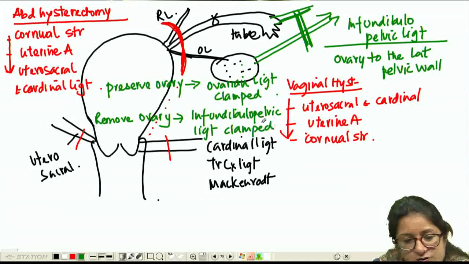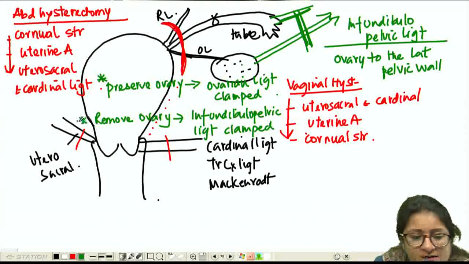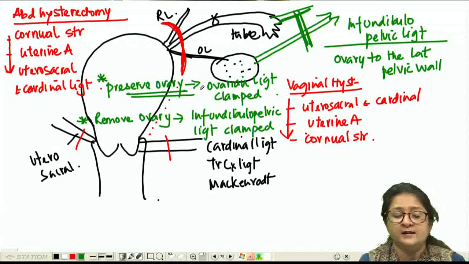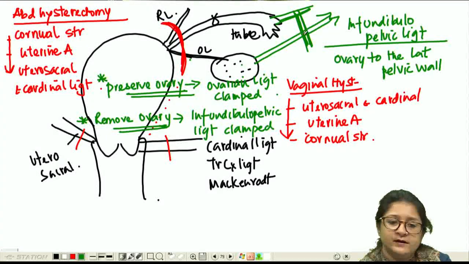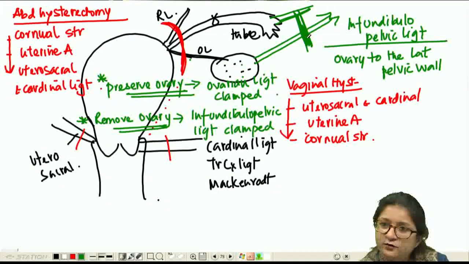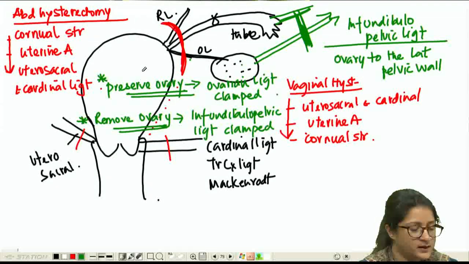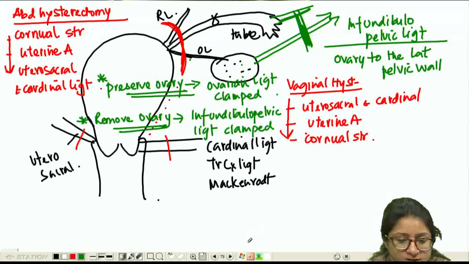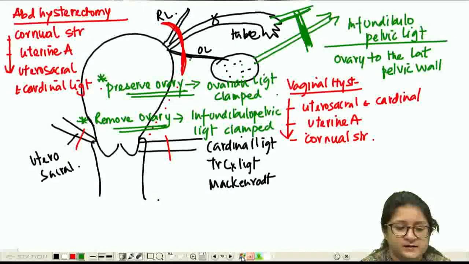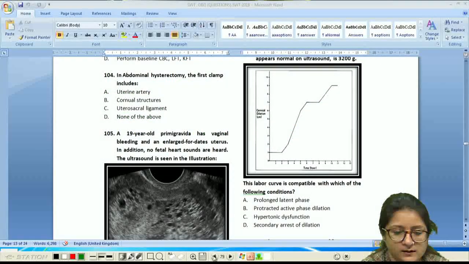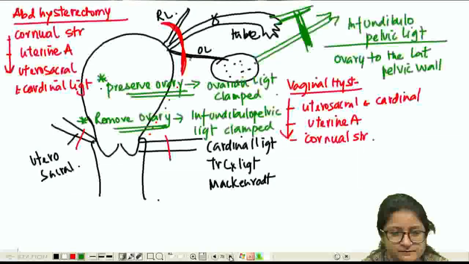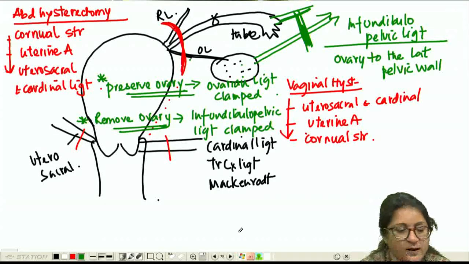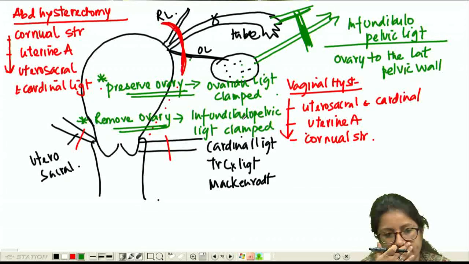So these are two additional important points to remember: when we have to preserve the ovary, the ovarian ligament is clamped, and when we have to remove the ovary, when you apply the clamp on the infundibulopelvic ligament, the ovary comes out with the specimen. This is another important fact about vaginal versus abdominal hysterectomy.